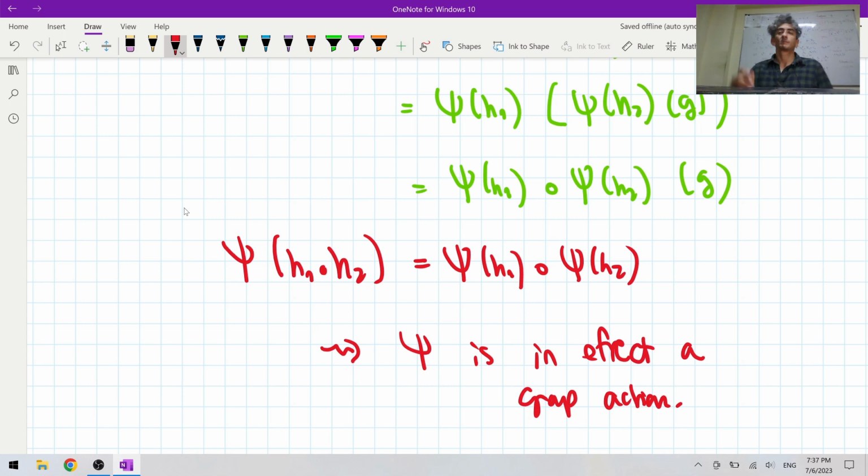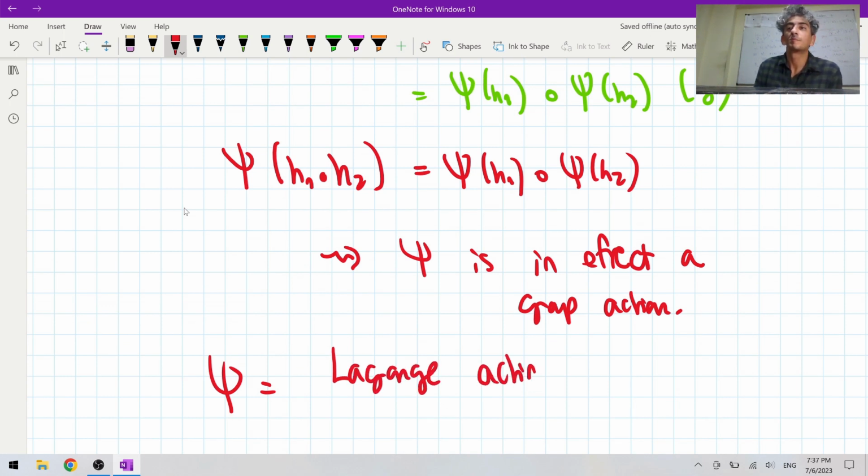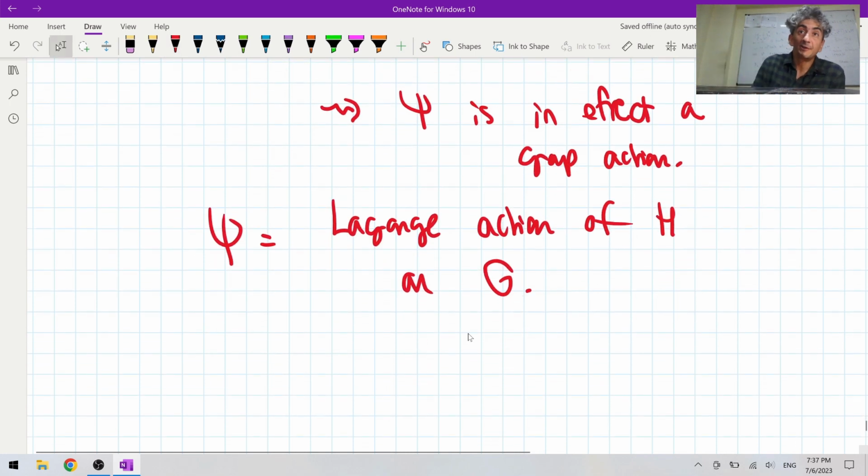This is called the Lagrange action of H on G. Okay, and this action will define a partition.